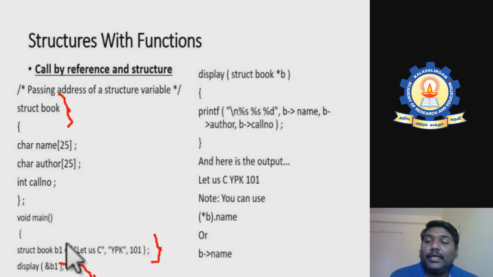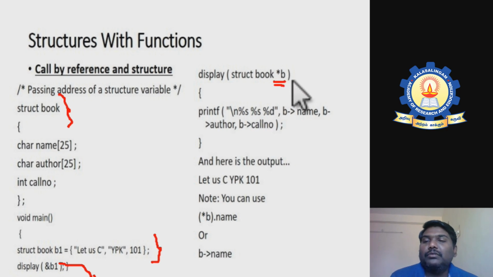You know that ampersand will take the address, so we are passing the address here, and star b will get the values of this address. So this is passed by reference. We are getting the address here, and after getting this address we are passing it to the function.